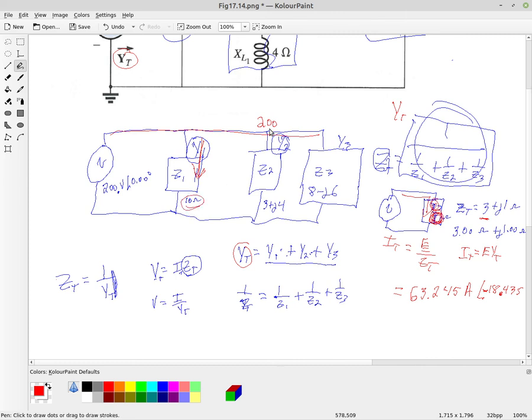And if you wanted to find the current I2, you simply divide that by the impedance Z2, and the same for this. And remember, when you're done with that, you could simply go through and add them up. I total, according to Kirchhoff's current law, the total current which we have written right here, is equal to the sum of the individual currents.